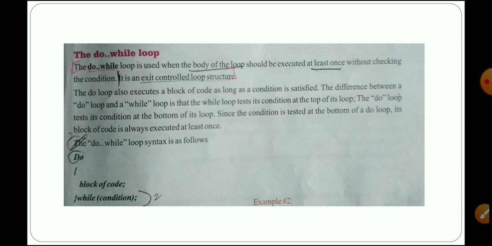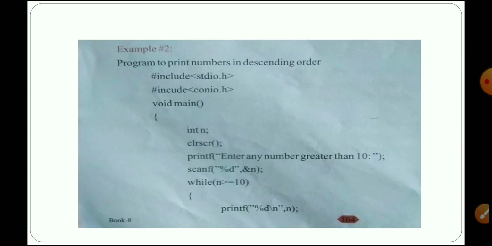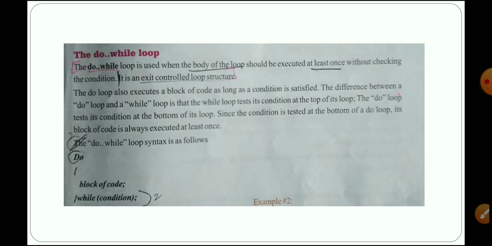What is it, sir? It is the same as a while loop, but here the while is at the end of your block of code, not in front. When your block of code closes, there itself is the last statement with while. In a while loop, first we check a condition and then go for the block of code.